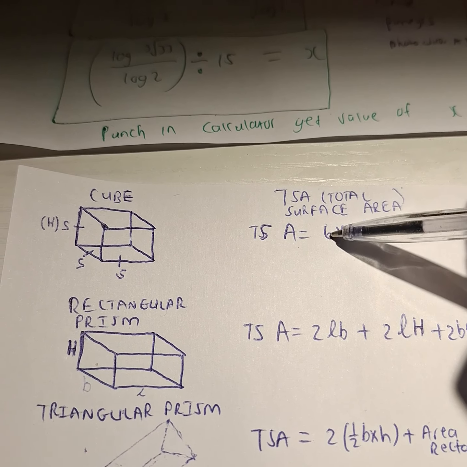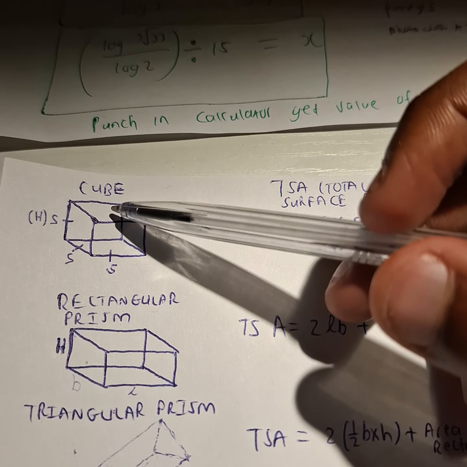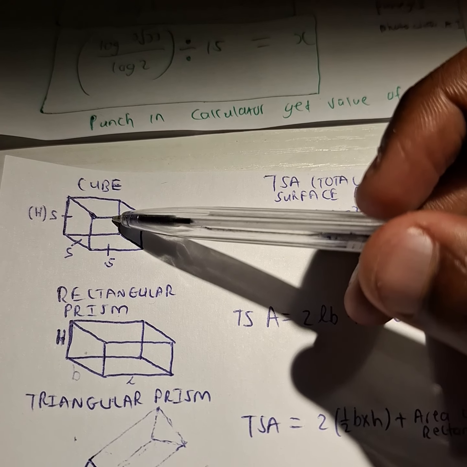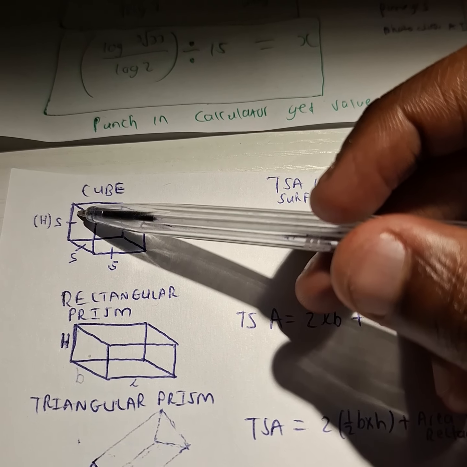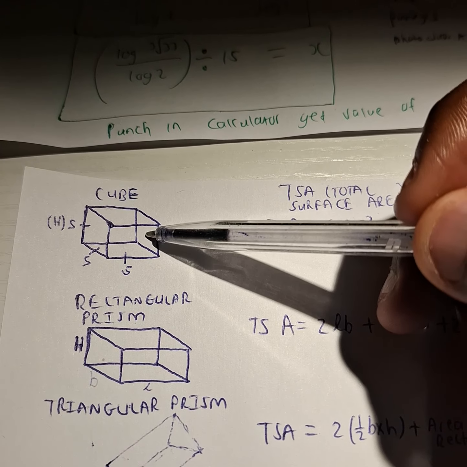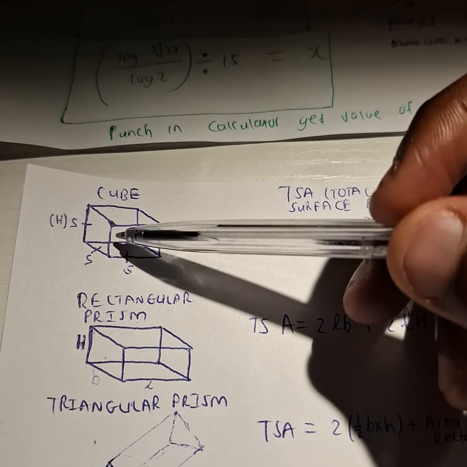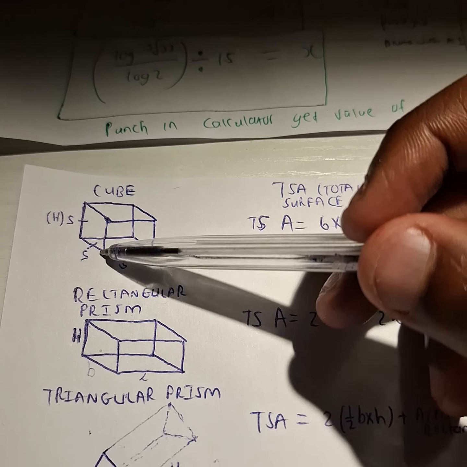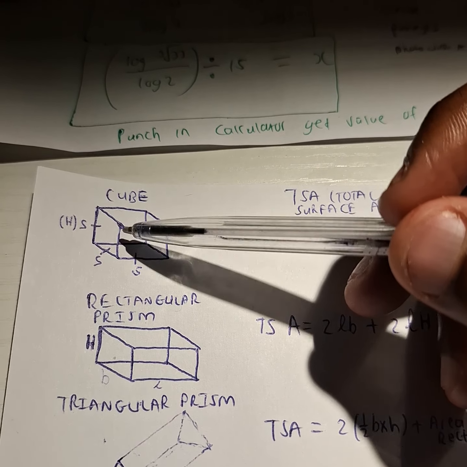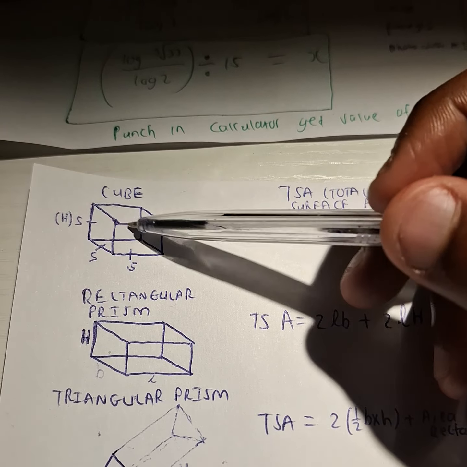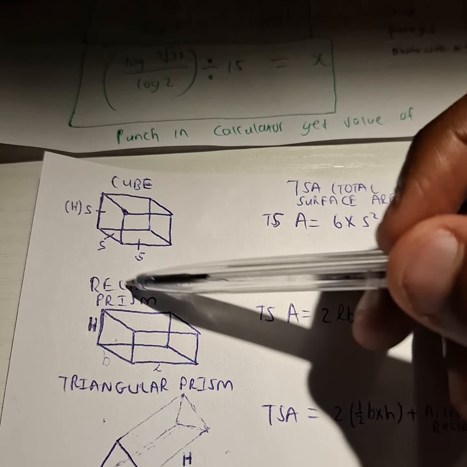If we are going to calculate the total surface area, we are talking about 6 square faces. Face 1 and face 2 are the same, the front face and the back face are also the same, and the top face and the bottom face are also the same.